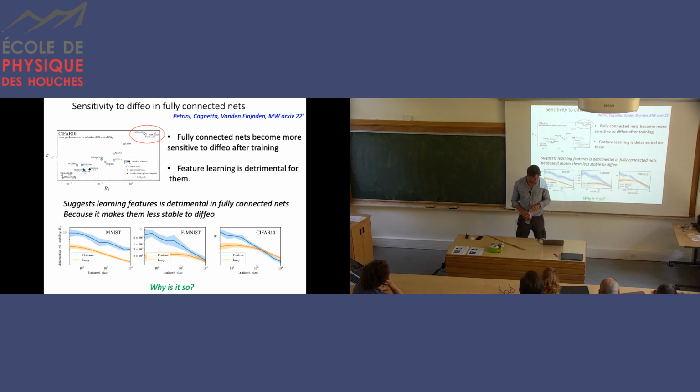So I think that, yes, completely. So yes, the number of data is actually affecting this stability to diffeomorphisms. And maybe if you have a huge number of data, this effect disappears. Right.